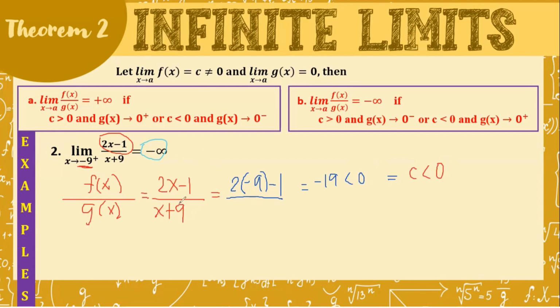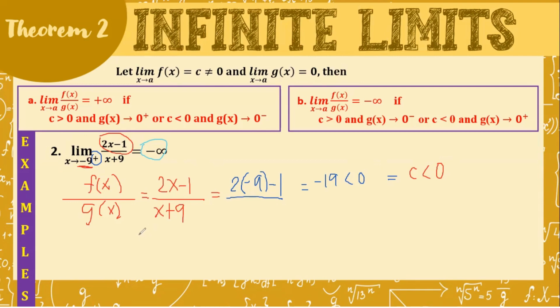In g of x, our value is x plus 9, right? So, we will substitute numbers that are increasing to negative 9, because it approaches from the right. Give me numbers that are increasing toward negative 9, or greater than negative 9.